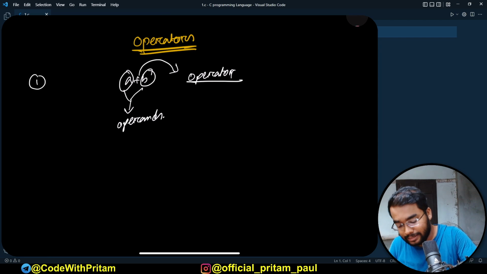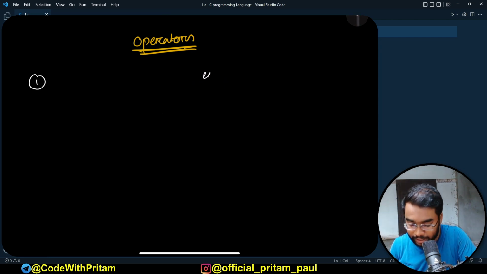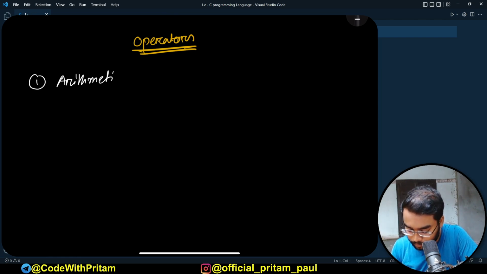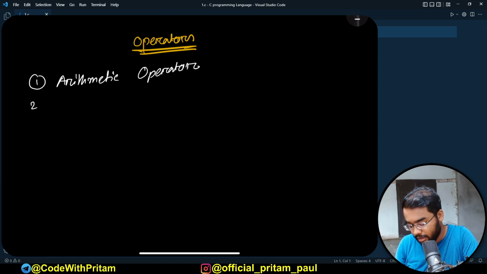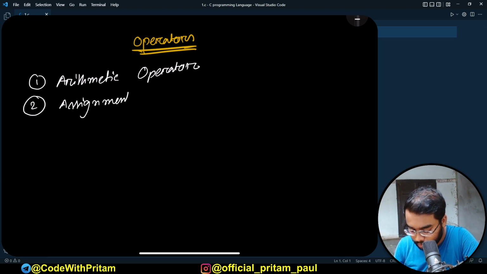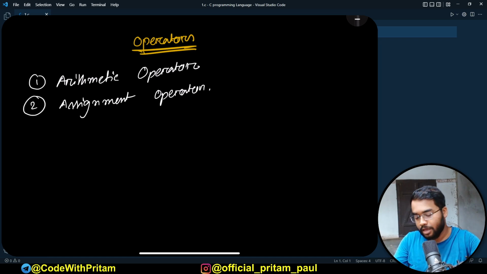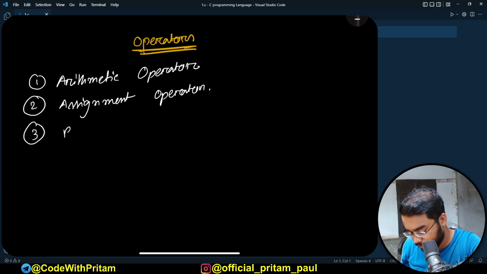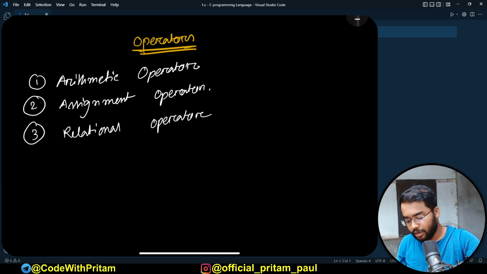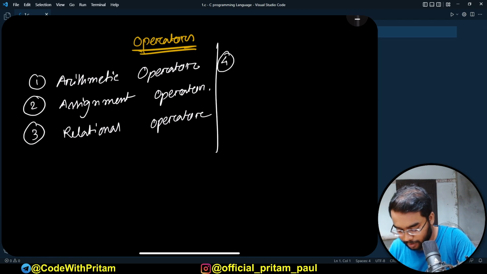In C there are many types of operators. The first one is the arithmetic operator. Another one is the assignment operator. Another one is the relational operator. Then the logical operator.